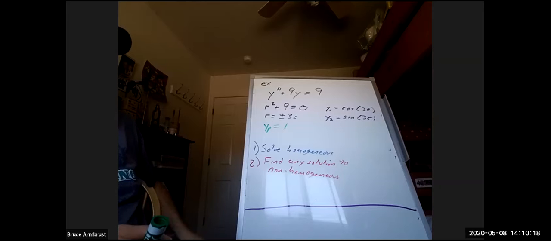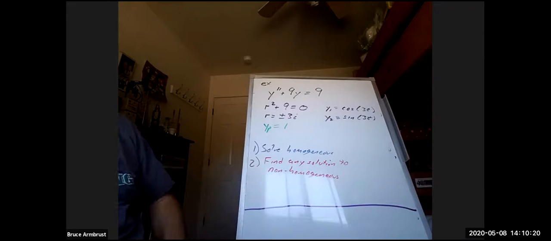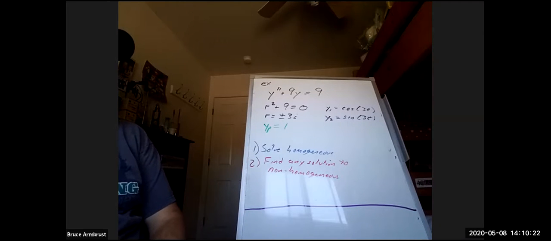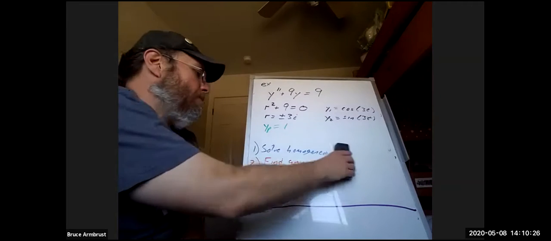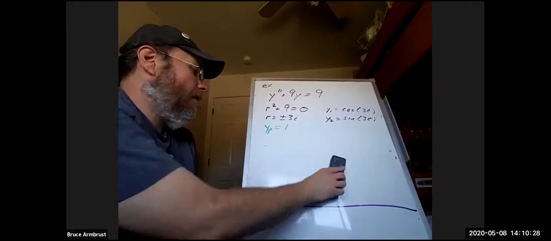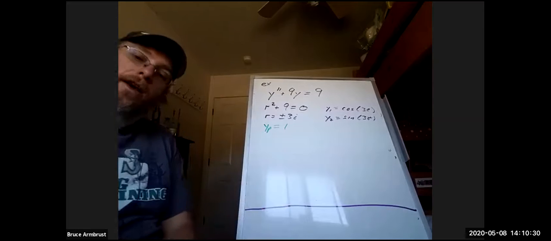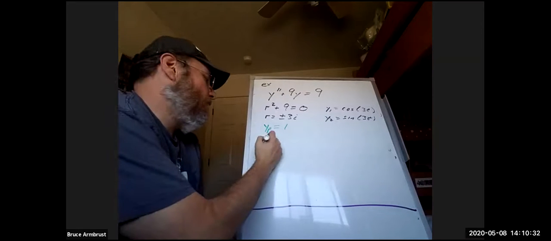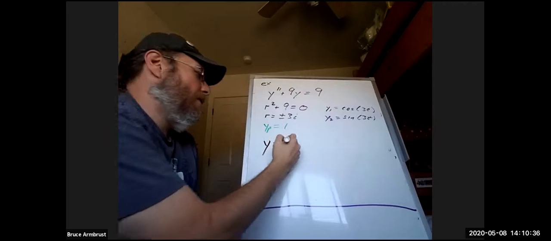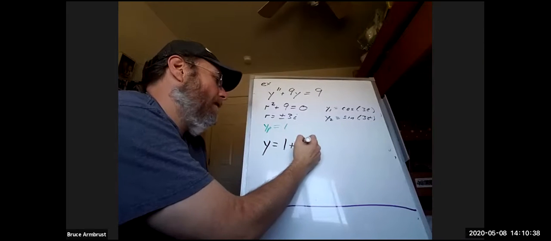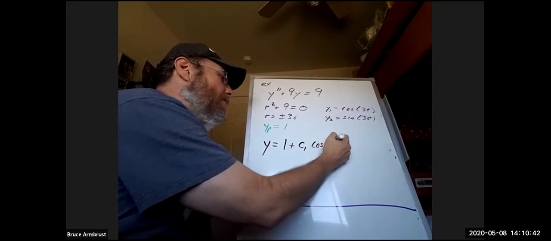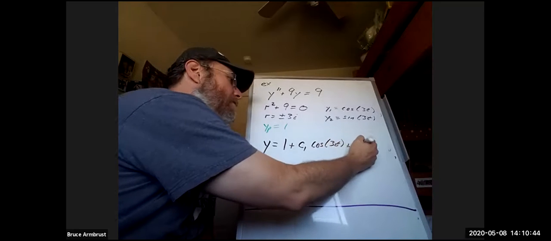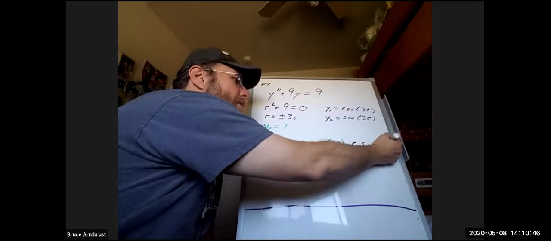And in this process, we need to find any solution to the non-homogeneous. Cool. Well, thanks for that, Mikey, because now we're good. Because what I know is that every solution to this differential equation is going to look like 1 plus c1 cosine of 3t plus c2 sine of 3t.